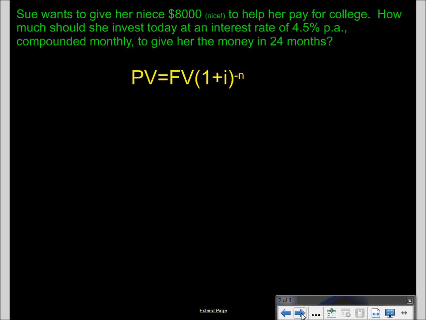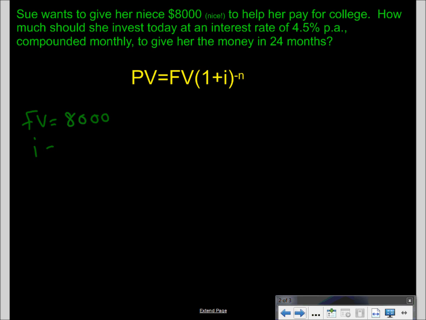So next one. Sue wants to give her niece $8,000 to help her pay for college. How much should she invest today at an interest rate of 4.5% per annum, compounded monthly, to give her the money in 24 months? Okay, so again, our future value is 8,000.